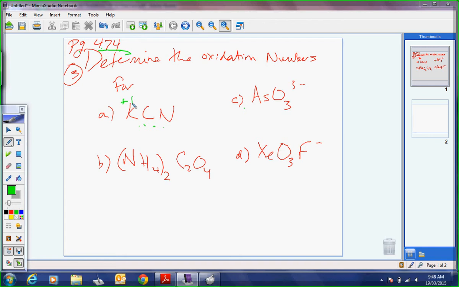N is probably minus 3, you think? Isn't CN like an overall charge of -1? CN has an overall charge of -1, that is true. So C is plus 2. Yeah.